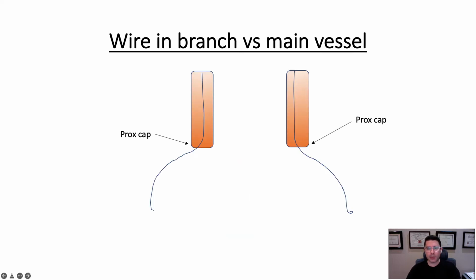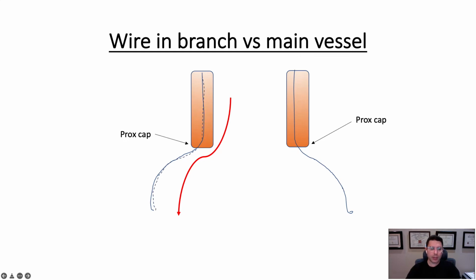When the wire makes a kind of a move to the lateral aspect of the vessel, there are fine little details about wire behavior that indicate if the wire is still in a collateral or if the wire is in the true vessel, which is tortuous.